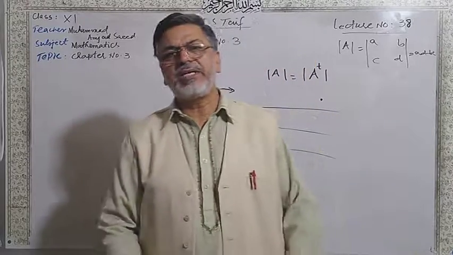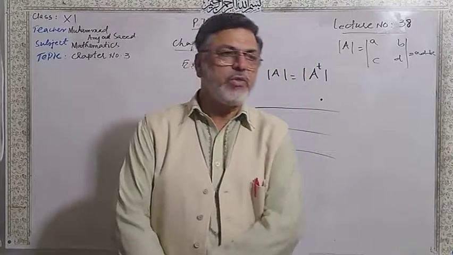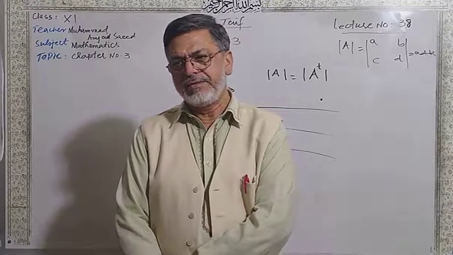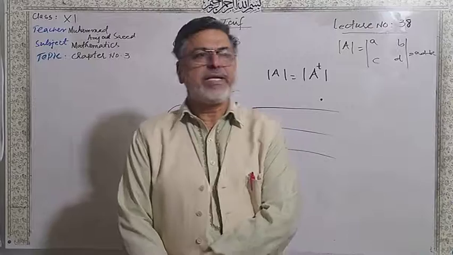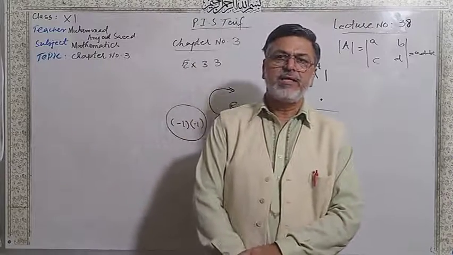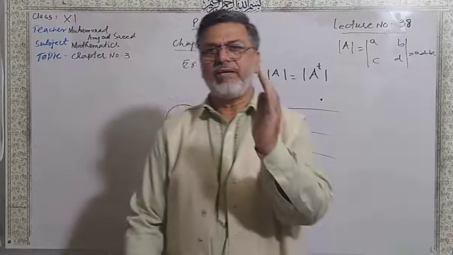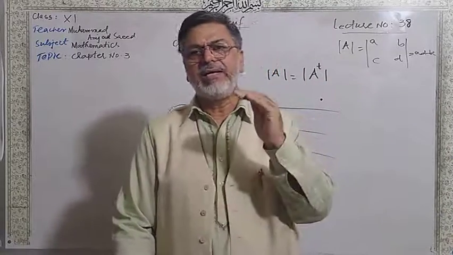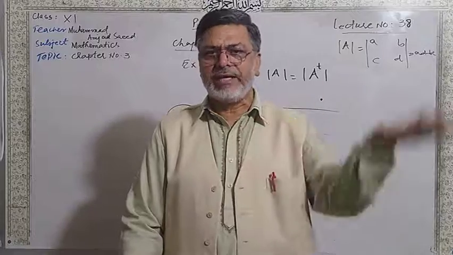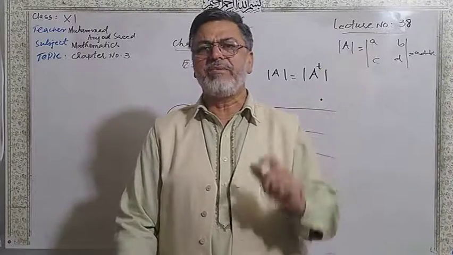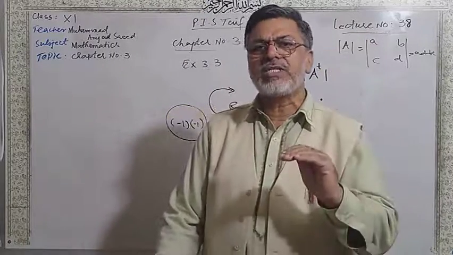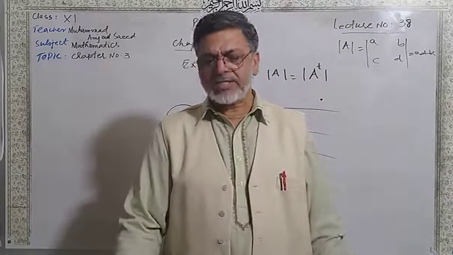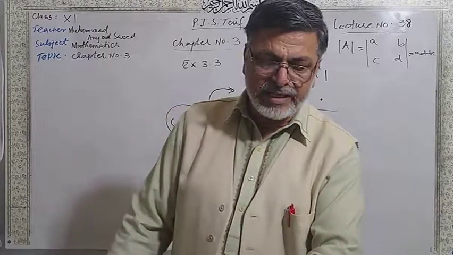In scalar multiplication, we multiply each and every element by the same constant. But in case of determinants, R1 can be multiplied by one number, R2 by another number, and similarly R3 by another number. So different numbers can be multiplied with different rows or columns in determinants. This is very important.